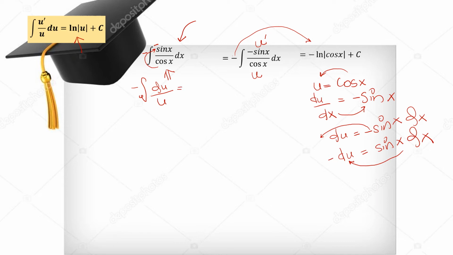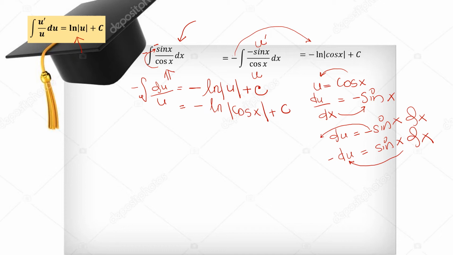I know that the integration of 1 over u is ln u. So the negative is outside, and the antiderivative of 1 over u du is ln u plus c, plus c because it is an indefinite integral. Now convert u into cos x, since u equals cos x, so write negative ln of cos x plus c.